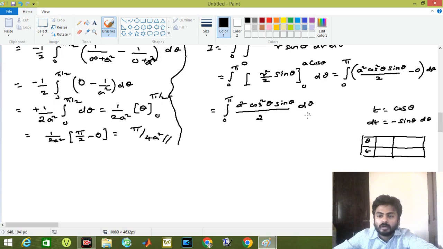So when theta equal to 0, what is the value of cos 0? Cos 0 is 1. Then when theta equal to pi, cos n pi equal to minus 1 power n, so cos pi means cos 1 pi.